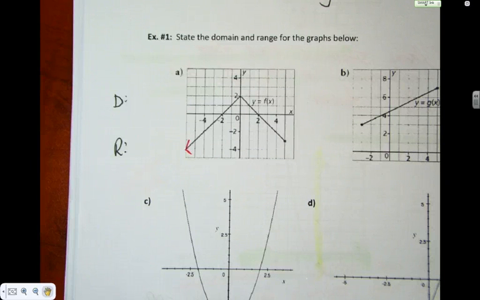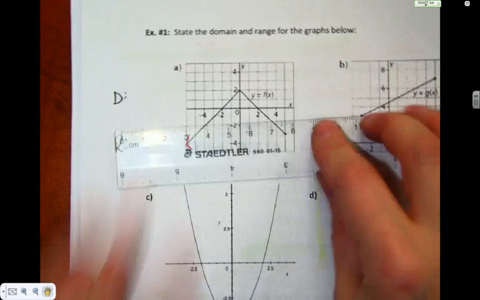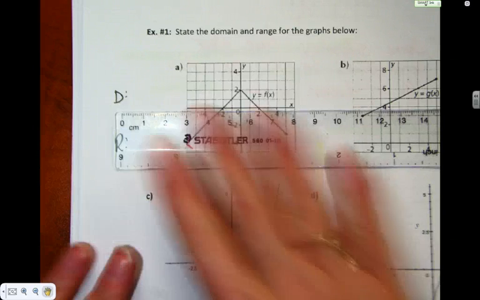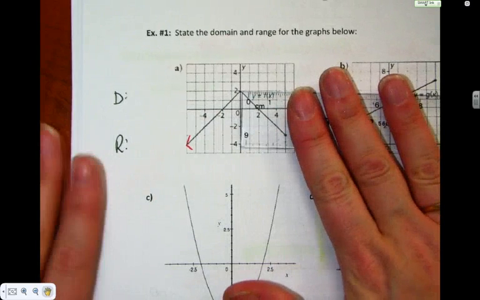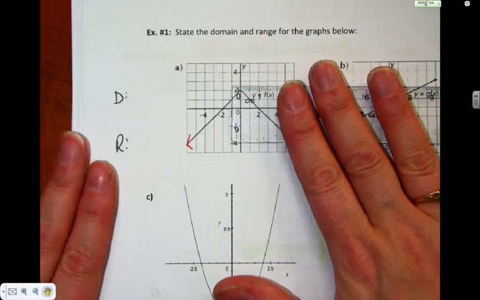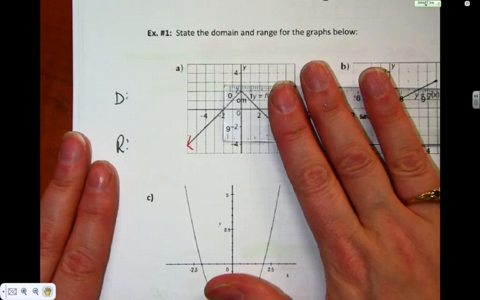Visual people, grab your ruler because this makes domain and range easier if you're visual. I'm going to put it along the x-axis, and that's what we want to look at, the x values. So I want to look at the left-hand side first because I want the smallest x, and then I'm going to look at the right-hand side. So I'm going to start at 0, and I'm going to go towards the left. At negative 1, am I hitting graph? Negative 2, am I hitting graph?